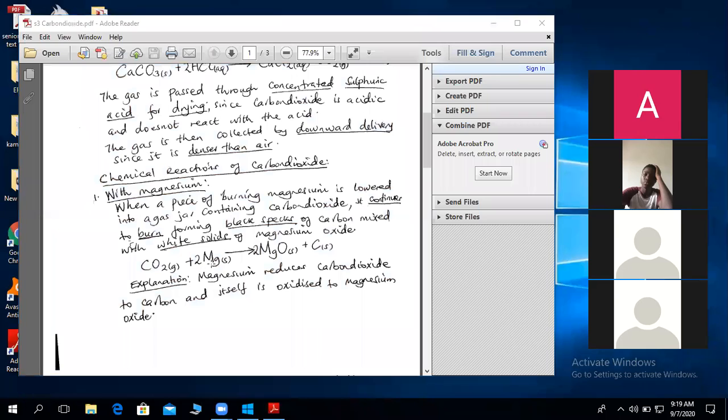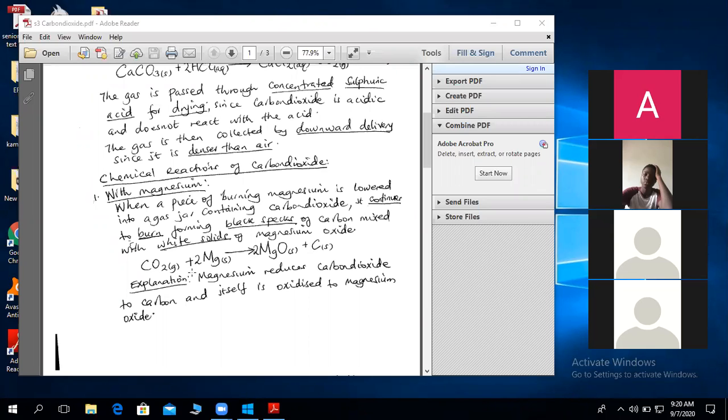So magnesium displaces carbon from its oxide, carbon dioxide, and it forms magnesium oxide. So we can say magnesium displaces carbon from its oxide because it is higher in the reactivity series, forming magnesium oxide.